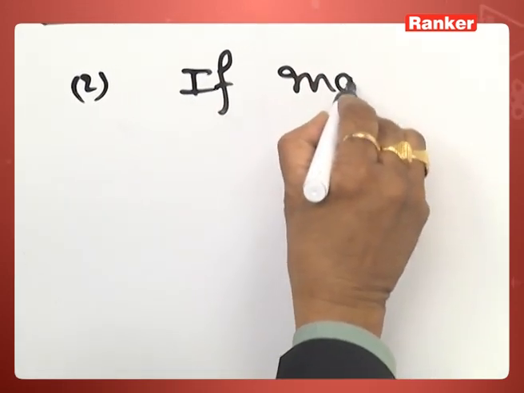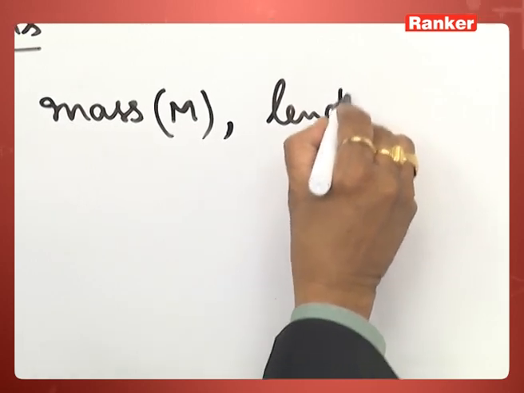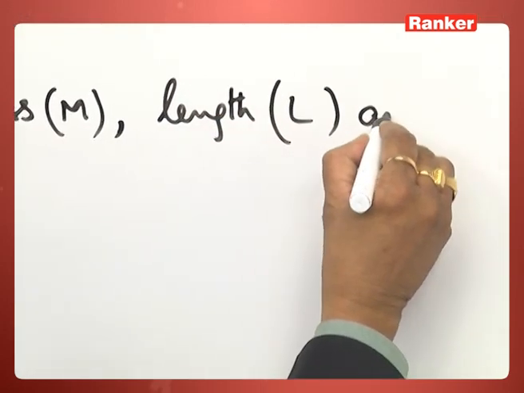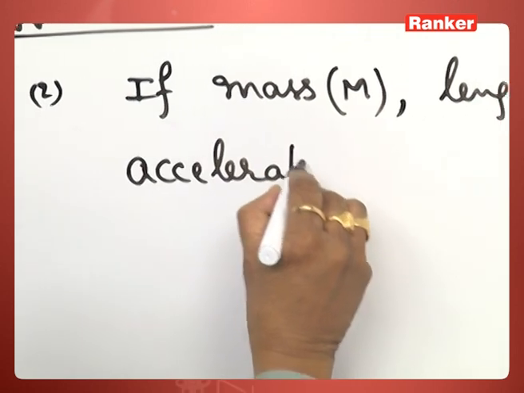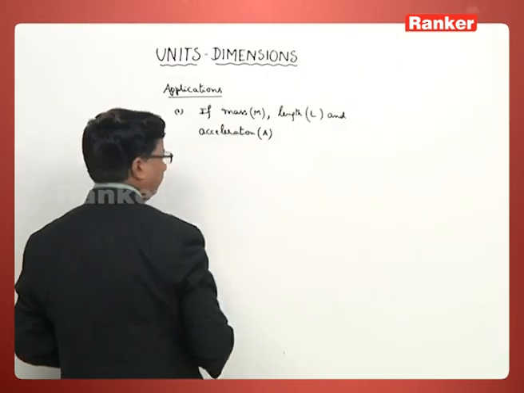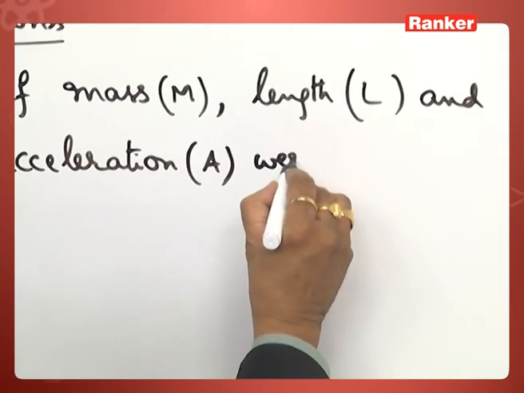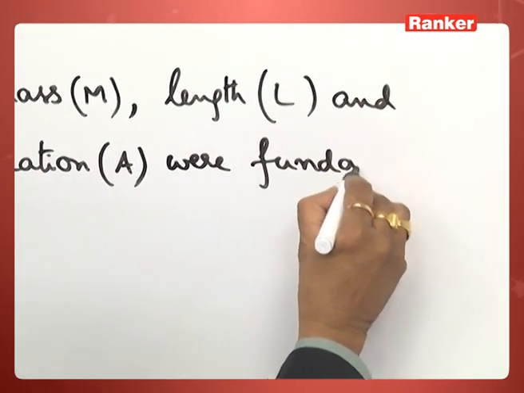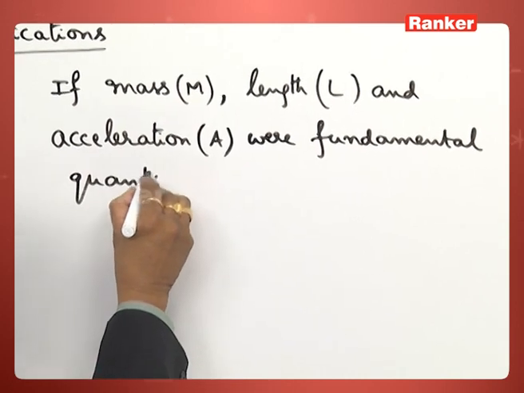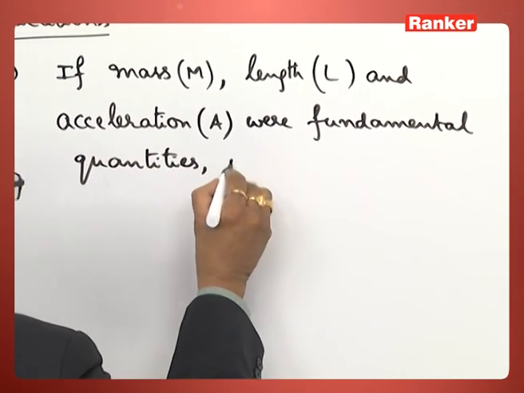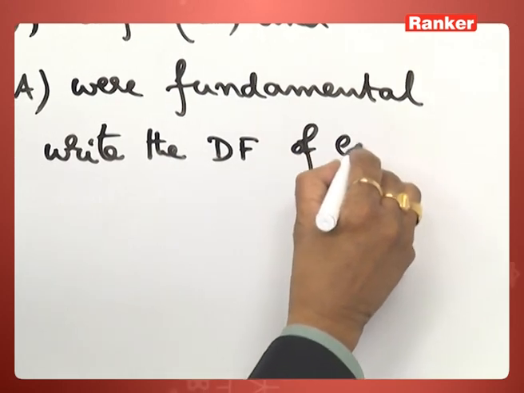If say mass, that is M, length, that is L, and acceleration, that is given as A. Mass, length and acceleration were fundamental quantities, write the dimensional formula of energy.